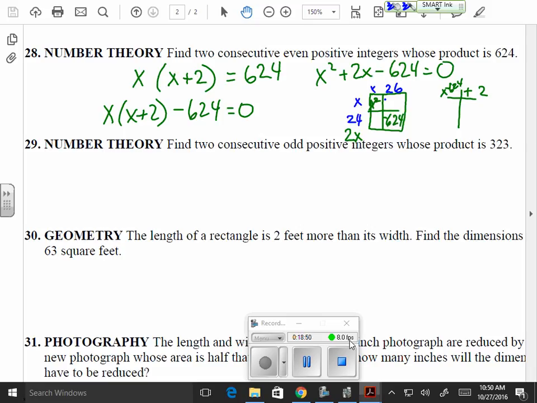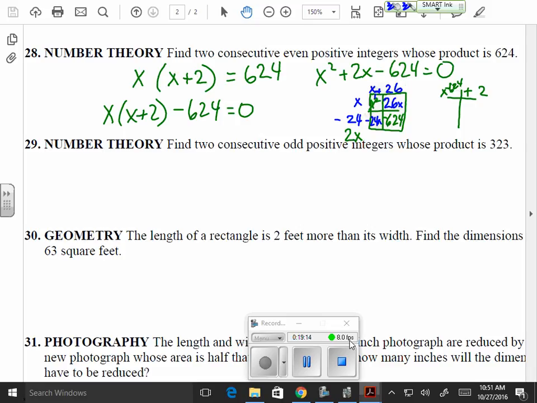It's going to be x and x. This will be the negative. This will be the positive. Negative 24 times 26 will give me negative 624. x times 26 will be 26x. This x times this negative 24, negative 24x, and that'll add up to give me 2x.